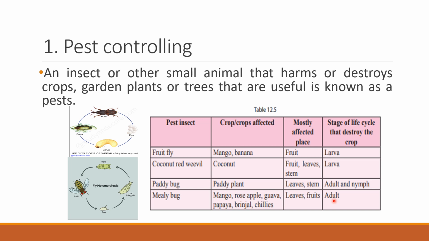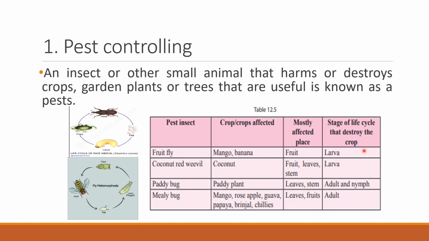So if you know the stages of the life cycle of these organisms, the harmful stages, and the stages of the life cycle which we can control easily, you can apply different pest controlling methods to destroy these organisms or to remove these organisms from our cultivation.